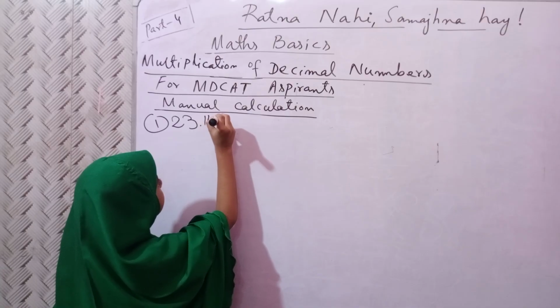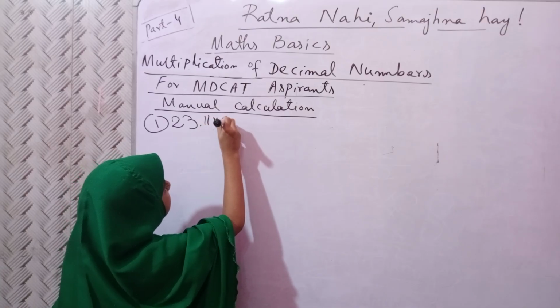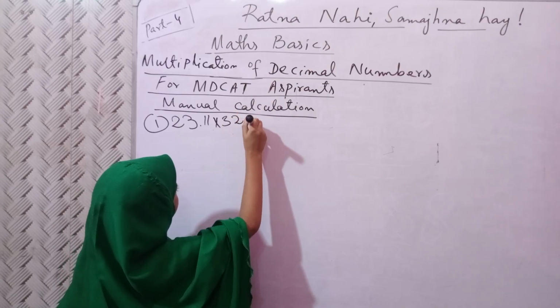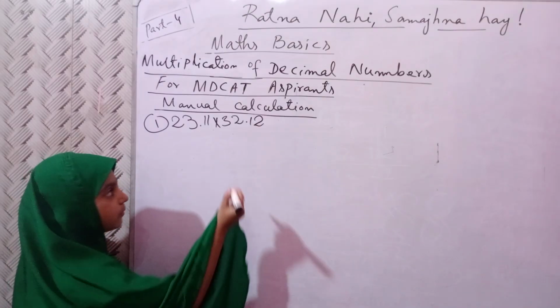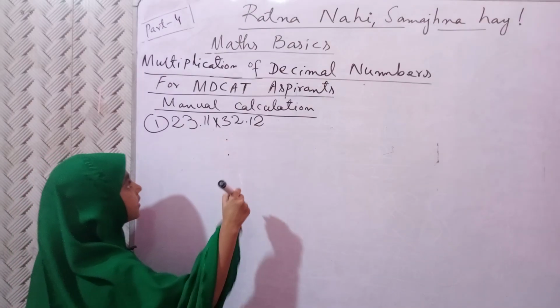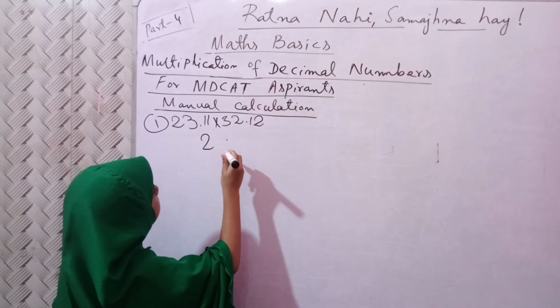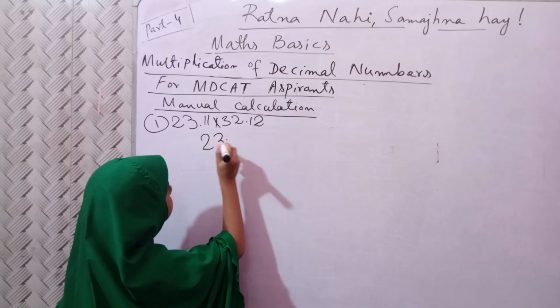23.11 multiplied by 2.32. First of all, point below point, number below number. 2 and 3.